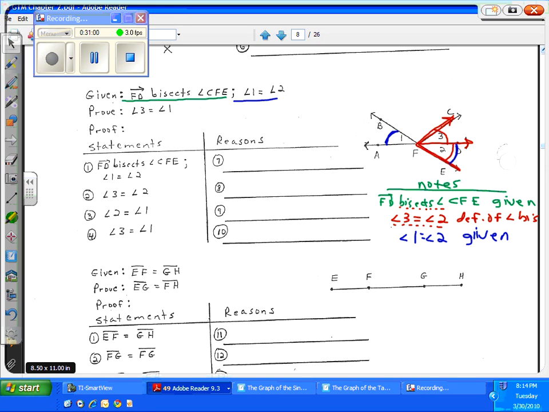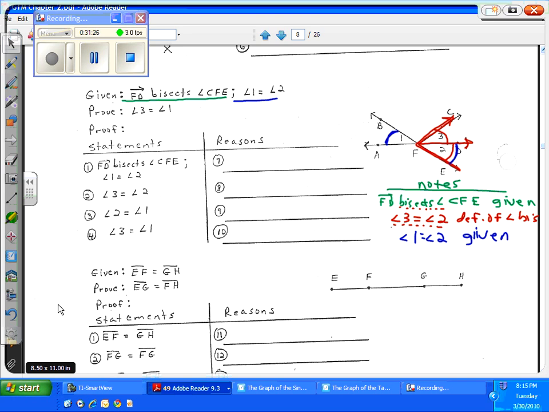And my brain would go wild here saying, well, 3 is equal to 2 and 1 is equal to 2, so 1, 2, and 3 are all equal, and that has to have something to do with substitution or transitive, based on what we know so far. So my mind's already thought that: 3 is equal to 2, and 1 is equal to 2, so 3 is equal to 1. So we've got all that stuff written down.